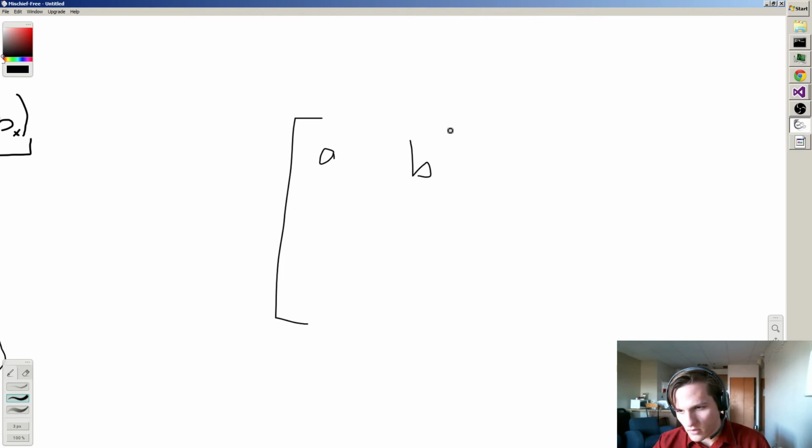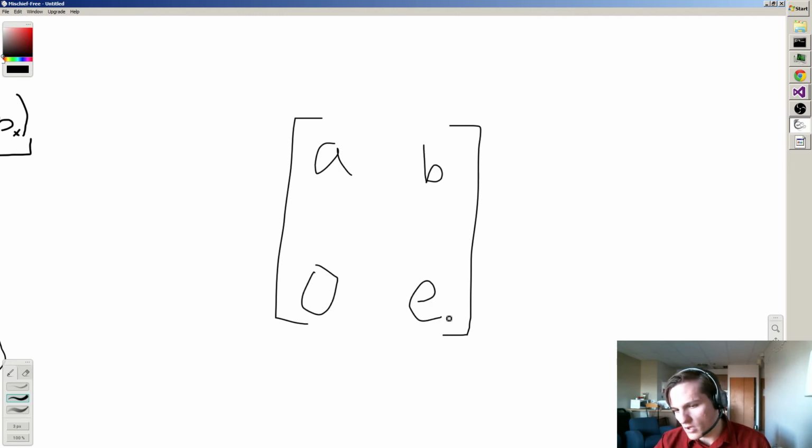Let me draw those on first, and then the numbers into the matrix. And then that becomes a 0, and that would become some other number. If that's non-zero, then this would never become 0, right? So if this does this, we already are guaranteeing that this doesn't start as 0.